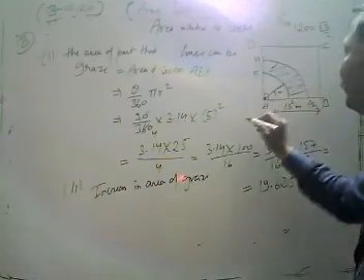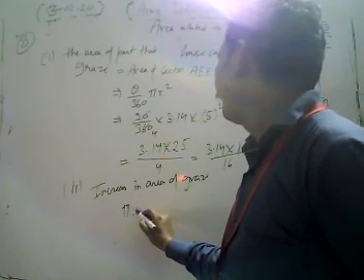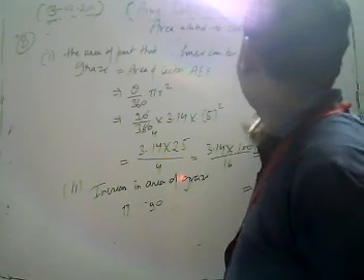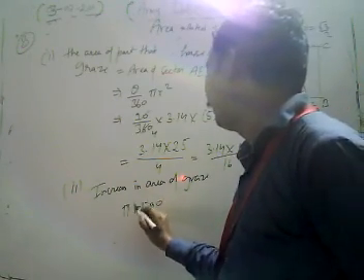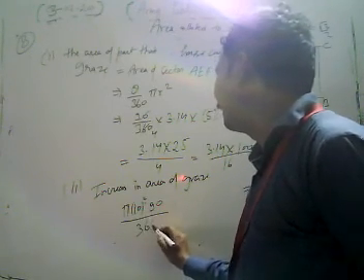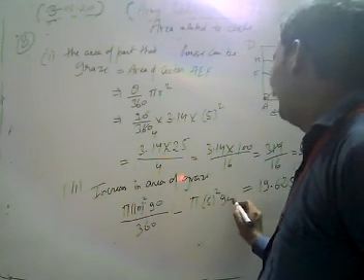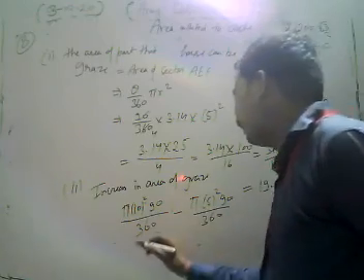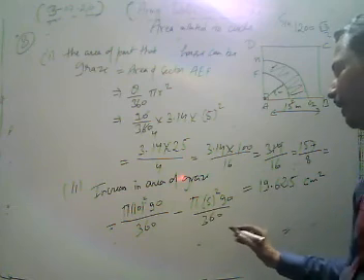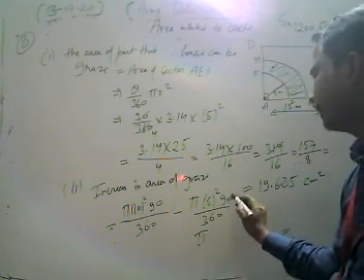Area of bigger sector minus area of smaller sector, means pi r square, theta is 90. In place of r put the larger value, it's 10, divided by 360, then minus pi 5 square into 90 by 360. Then after solving, what do we have? Take pi and 360 common there, it's a 4 there.